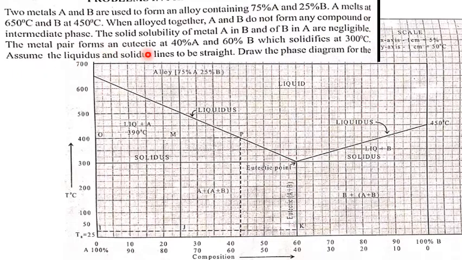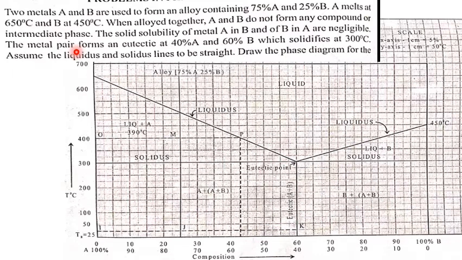The metal pair forms a eutectic. The eutectic composition is 40% A and 60% B, which solidifies at 300 degrees Celsius. The composition and the temperature are very important: that is the eutectic composition and the eutectic temperature. Assume the liquidus and solidus lines to be straight, and draw the phase diagram. So we are not going to assume those lines as arcs or curves.